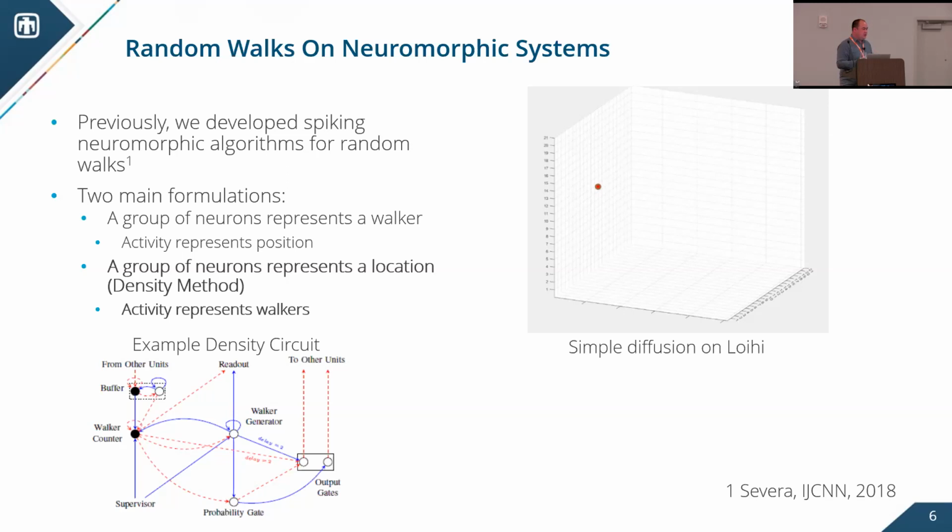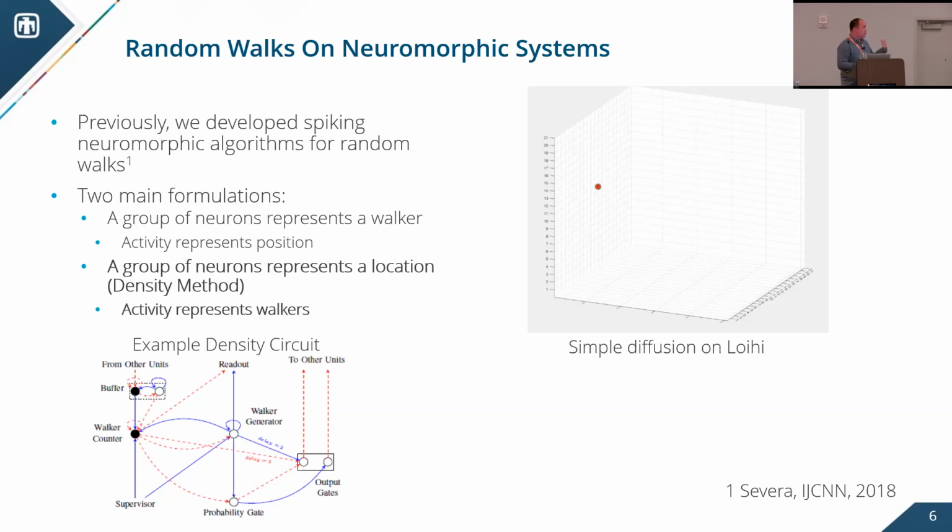And the density method is a little different. What it does is you take your physical space, you split it into lots of places, all the possible locations. And for each location, you create a subcircuit. That subcircuit is going to aggregate walkers and then distribute walkers. And so if you can synchronize all of these subcircuits that are all of your locations, you can instantiate a random walk across the space.